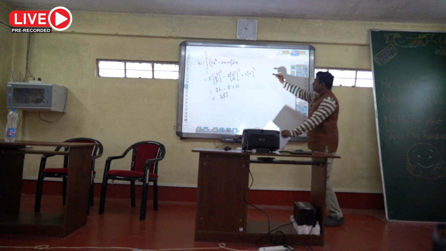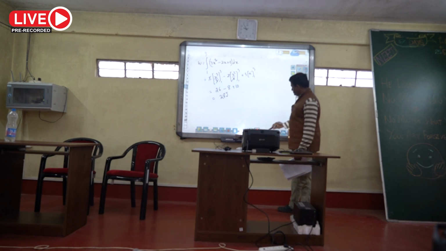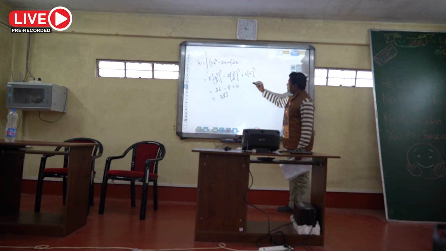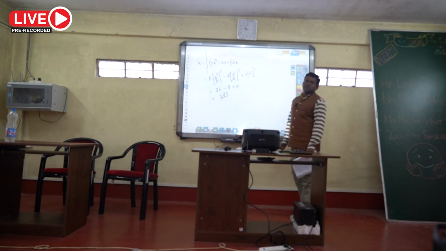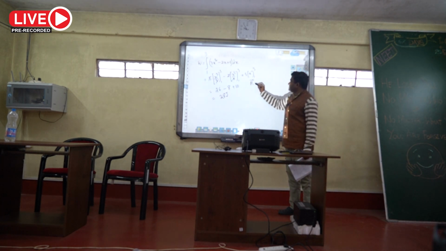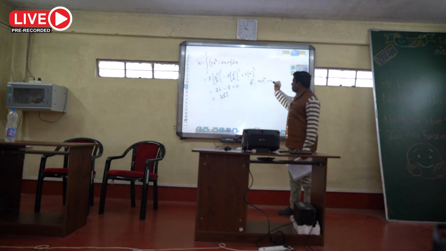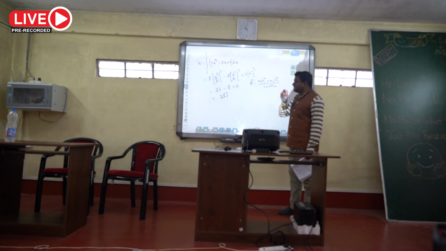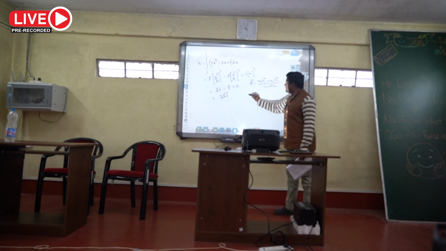Okay, so I will show you how to solve this problem. See, we know that center of mass of particles in general R can be written as m1 r1 plus m2 r2 divided by m1 plus m2. Now if you differentiate this with respect to time, then you will get the velocity of the center of mass.